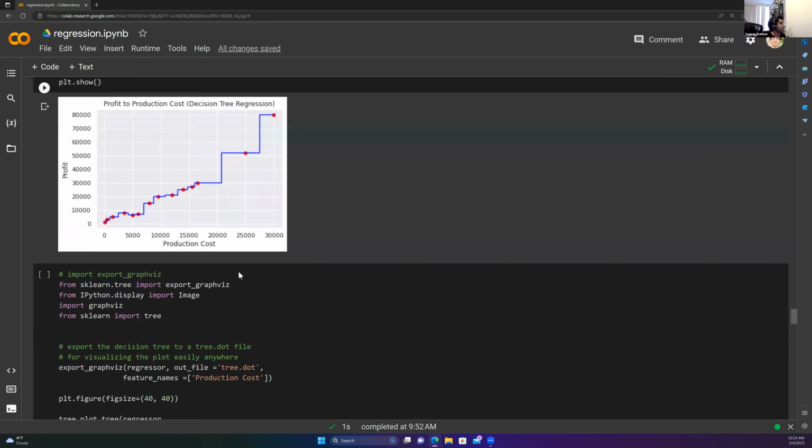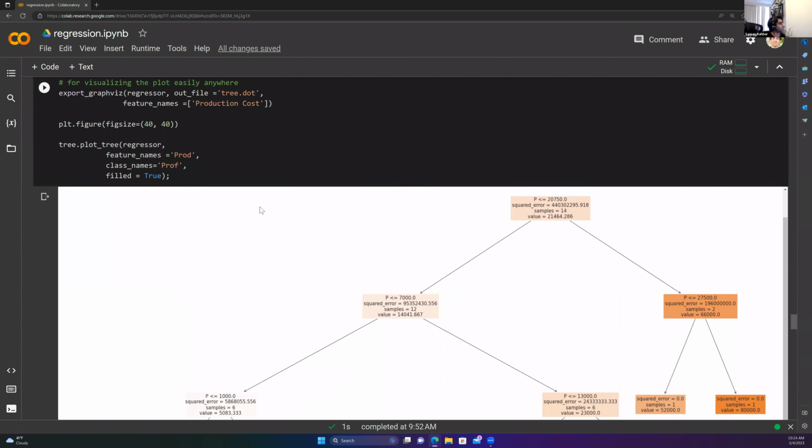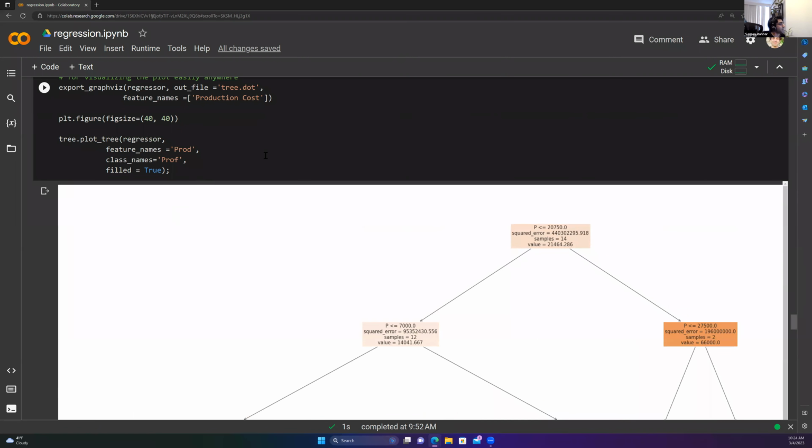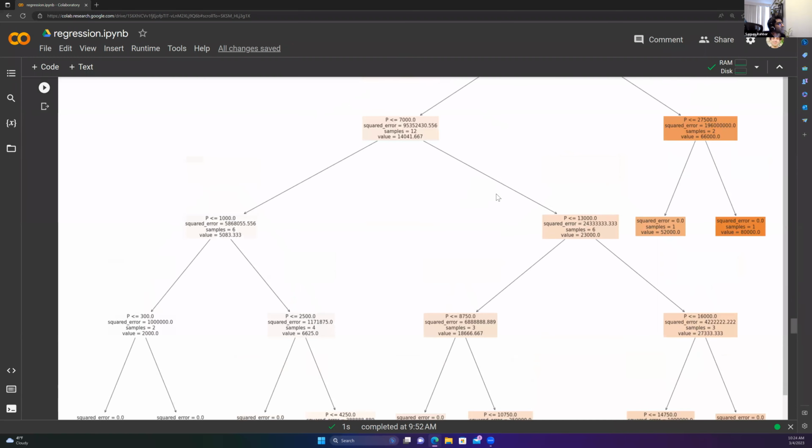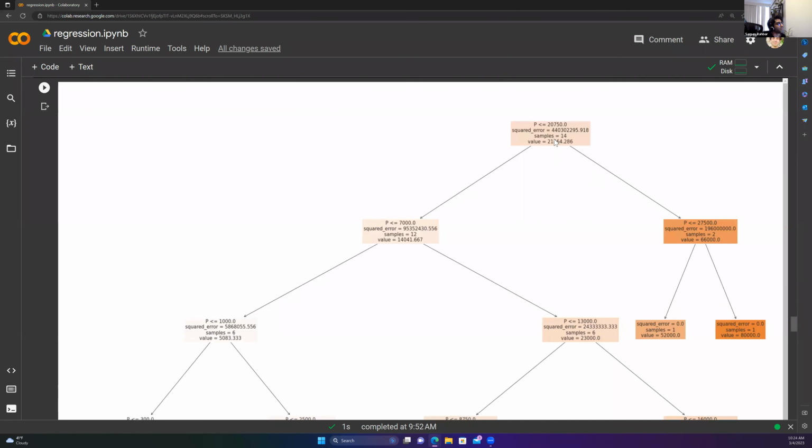And by the way, you can produce a graph like this to see how the decisions are made. For example, you started with this feature at the top. The squared error, again, I mentioned you're trying to minimize the mean squared error as you go down this path, which accounts for the reduction in variance, or entropy for classification.